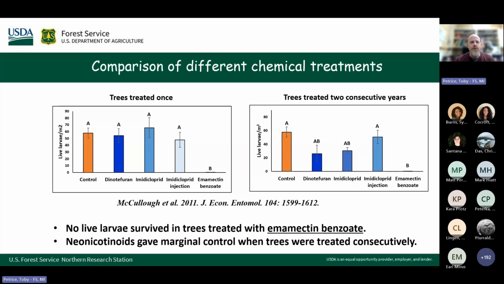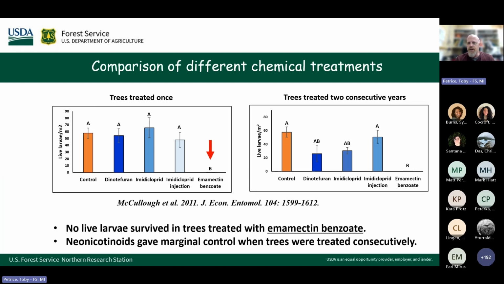These trees were treated one time, and you can see that for the dinotefuran and the imidacloprid treatments, they were not significantly different from the control. However, if we look at the emamectin benzoate treatment, they found almost no live larvae in trees treated with that product.